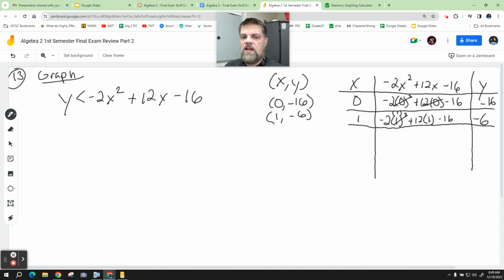Now we're going to double check all these in Desmos, but I think sometimes it's a good idea to run through it and see what you get. So now we're going to plug in 2. Wherever there's an x, I'm going to plug in a positive 2. So I've got negative 2 times 2 squared plus 12 times 2 minus 16. 12 times 2 is a positive 24. 2 squared is 4.